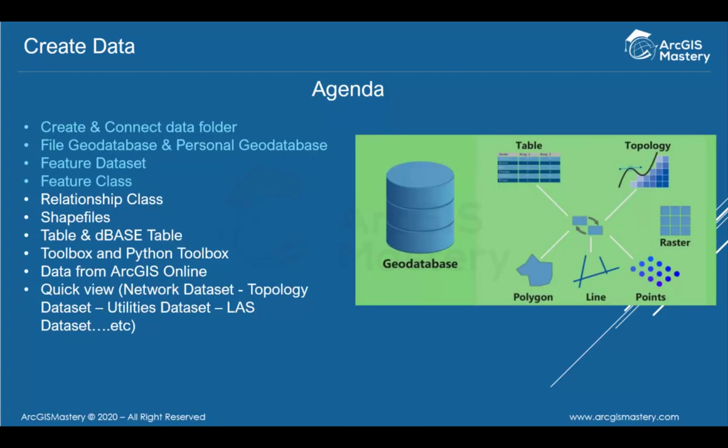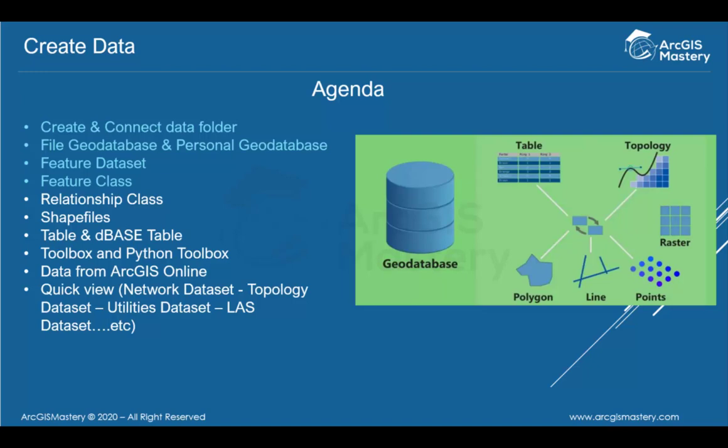Our agenda will start by opening our catalog. Then we will create a new folder named Data and connect it to our catalog. We will create different data files, starting by creating a file geodatabase and a personal geodatabase, and we will discuss what's the difference between them.